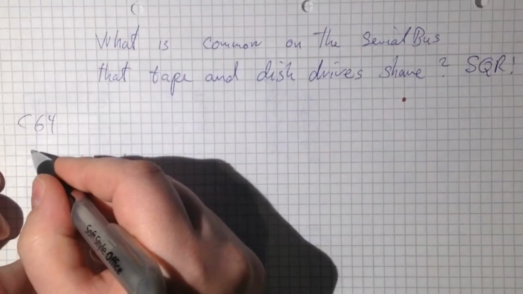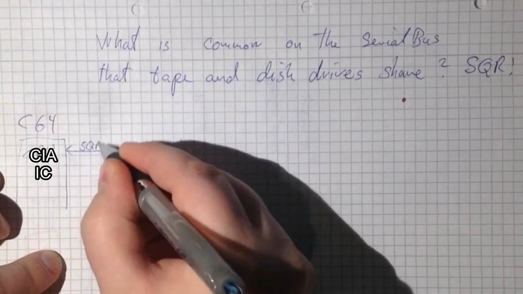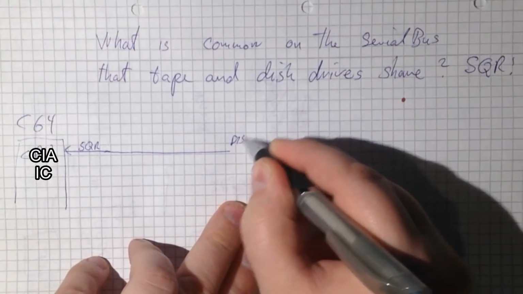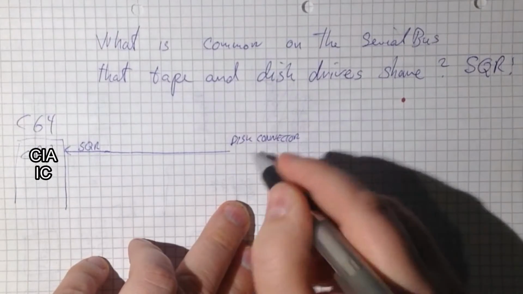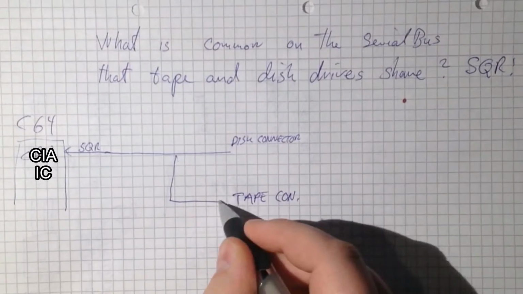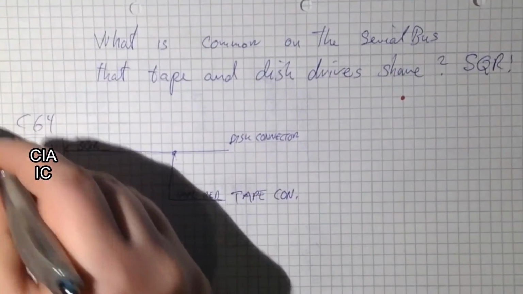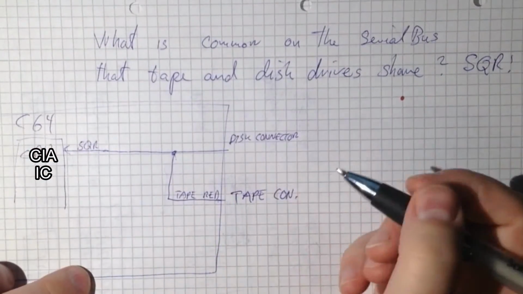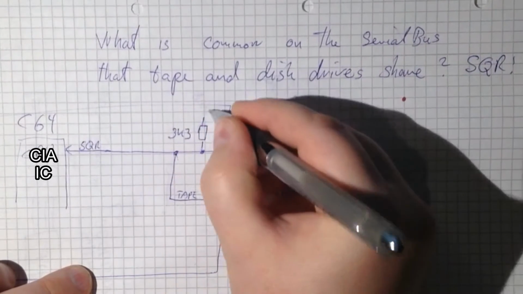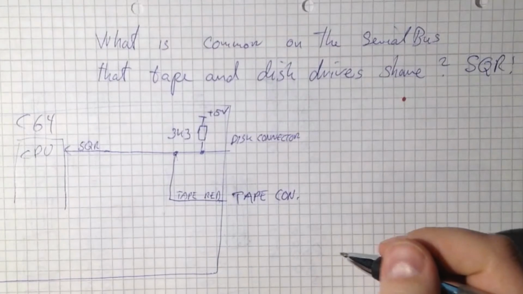The SQR signal is an input on the CIA chip, to the disk connector, and also the tape drive connector as data is coming from the tape. Yeah, and there's also a 3.3 kilo ohm pull-up resistor connected to 5 volts. That's interesting. We have to look further into that.